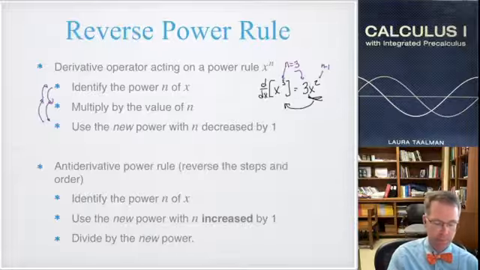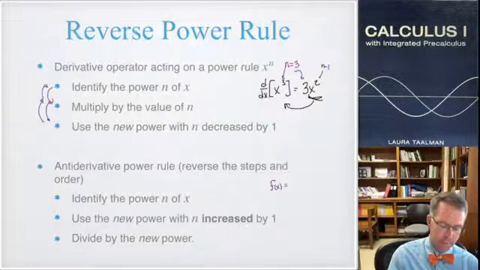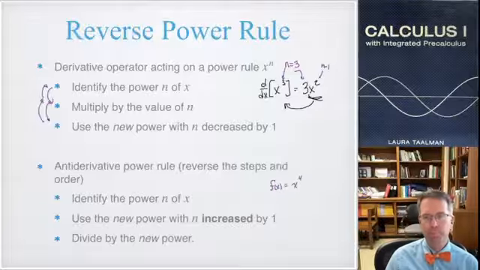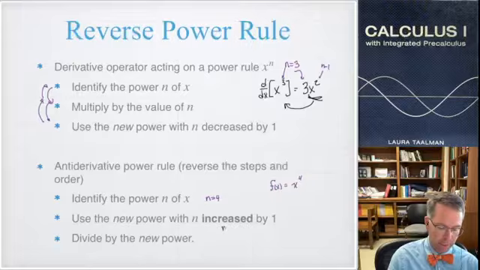Let's do an example here. If my function f of x is, for example, x to the 4th, right now, n equals 4. Okay? The antiderivative needs to work with a new power, n plus 1, and that's 5.